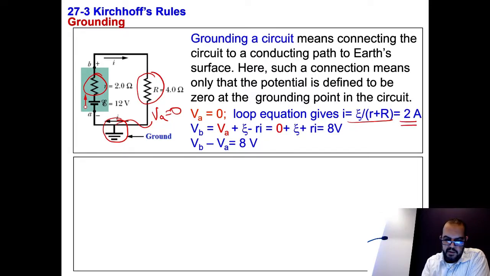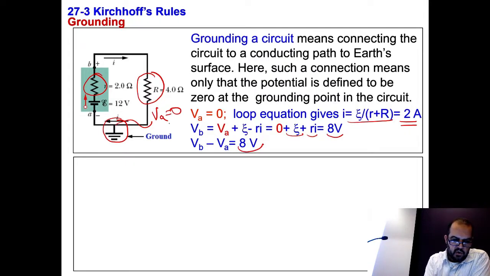So this is 2 amps. We also have VB minus VA equal to the EMF minus rI. The EMF is 12 volts minus r, which is 2 ohms, times I, which is 2 amps, which gives you 8 volts. So the difference, VB minus VA, is 8 volts.